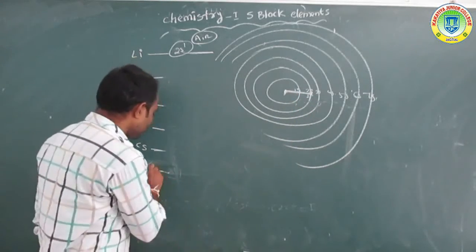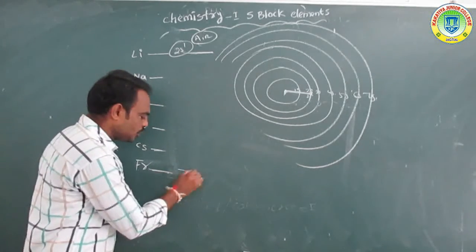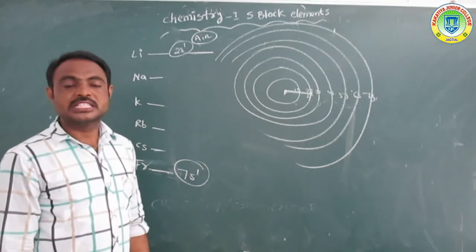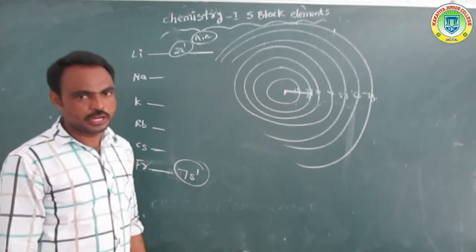But suppose for example we have taken francium. This francium has outermost orbital electronic configuration 7s1. 7s1 is the outermost orbital of electronic configuration.